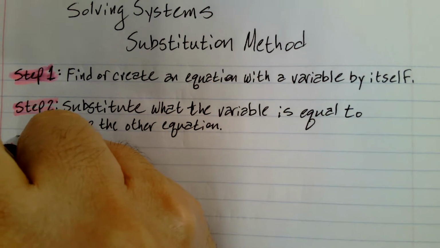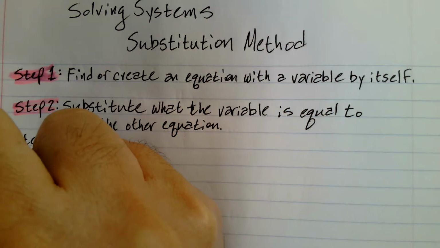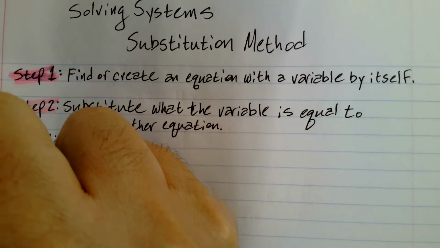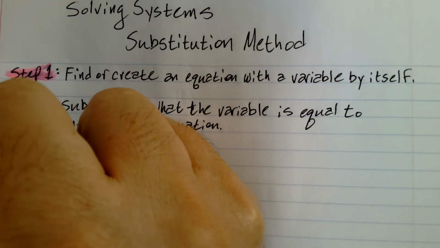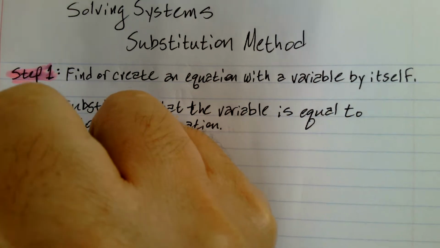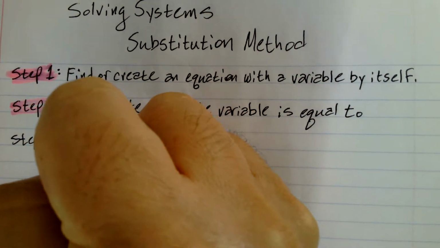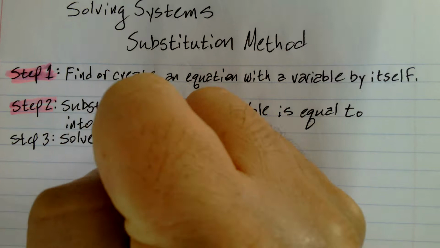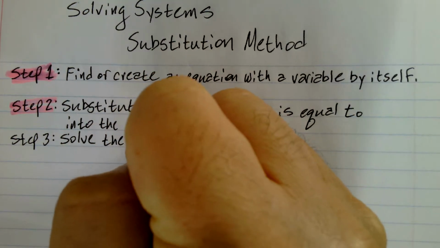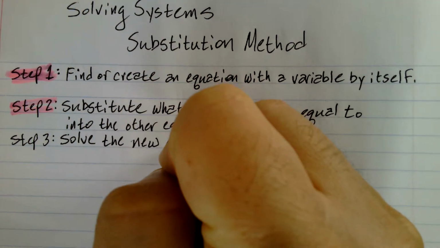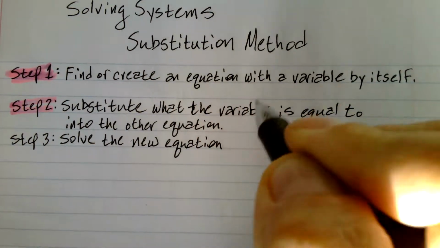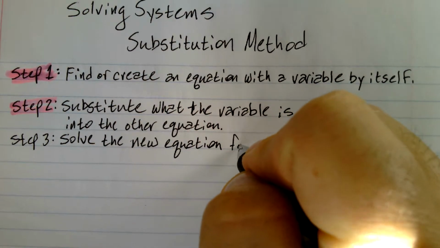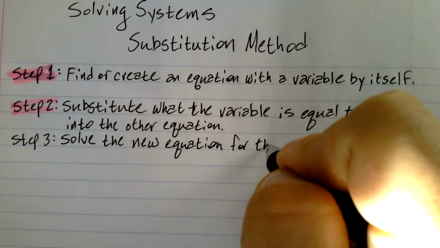Moving on. Step three: solve the new equation for the remaining variable. Solve the new equation for the remaining variable.